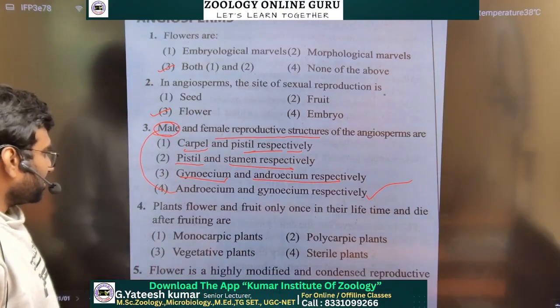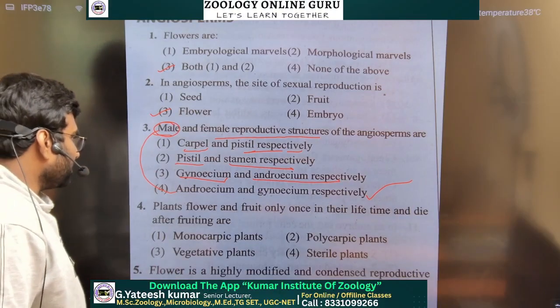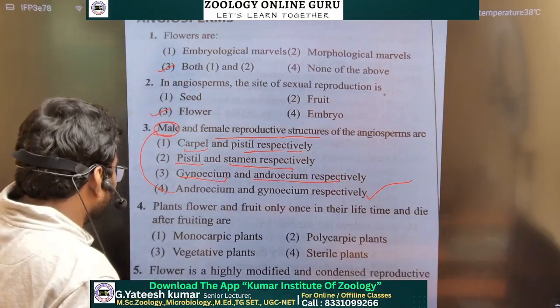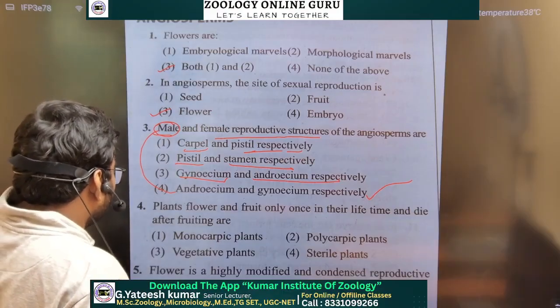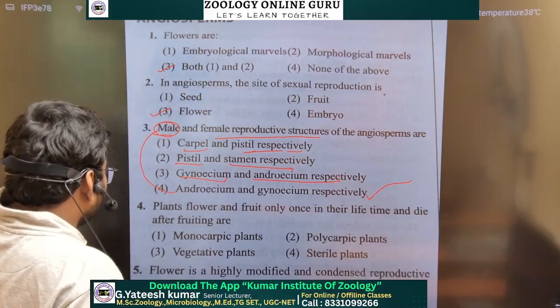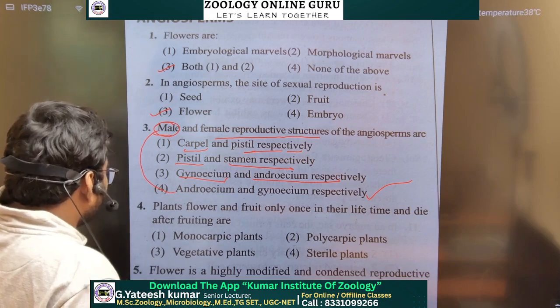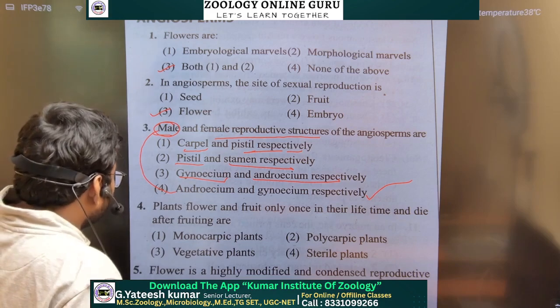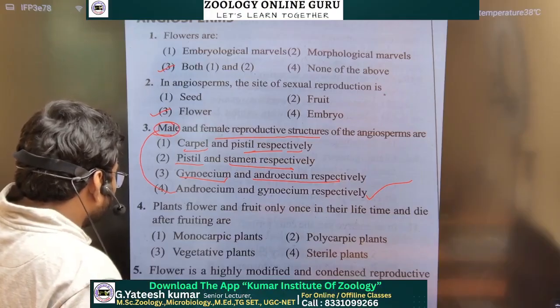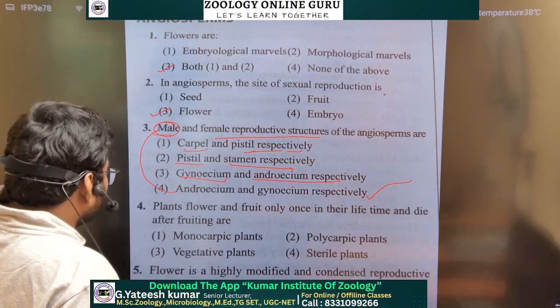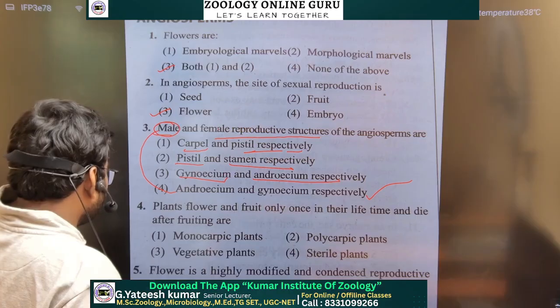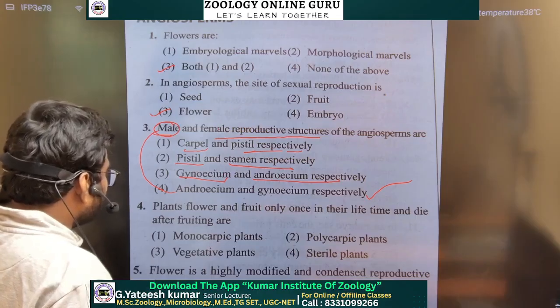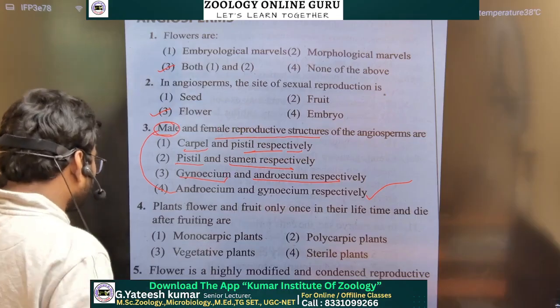Plants that flower and fruit only once in their lifetime and die after fruiting are called: monocarpic plants, polycarpic plants, vegetative plants, or sterile plants. That is monocarpic plants.